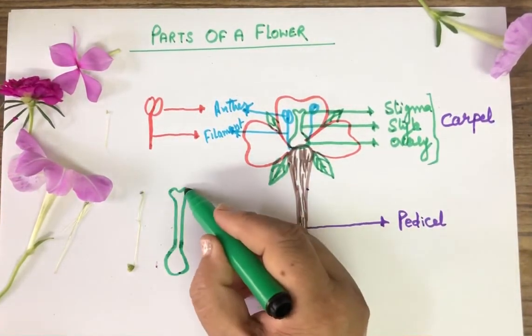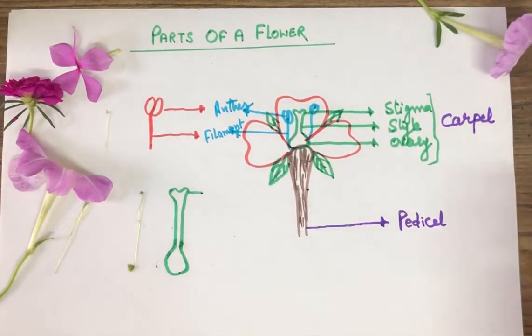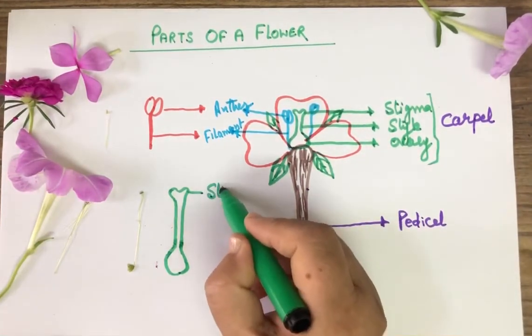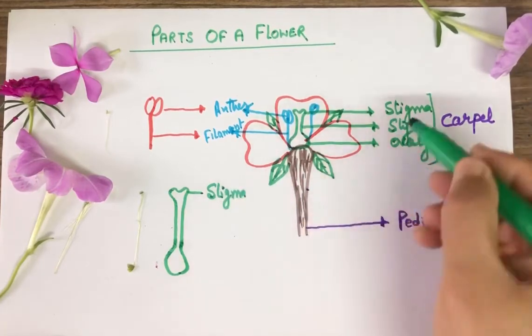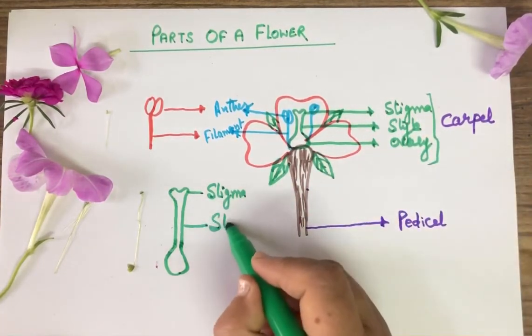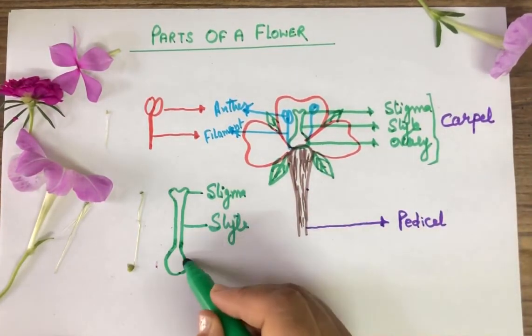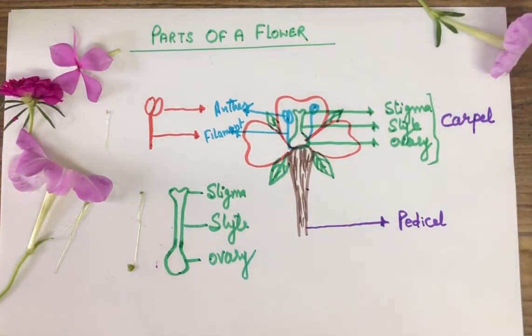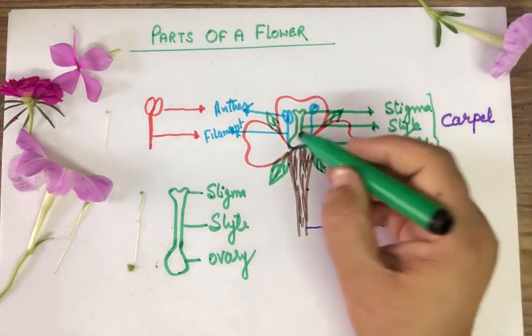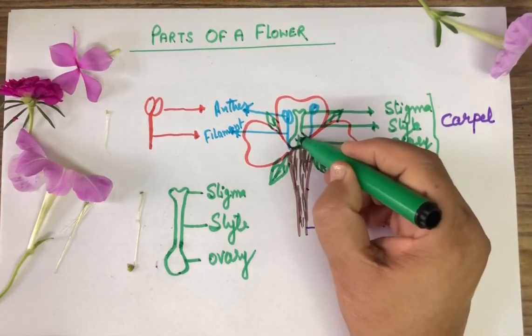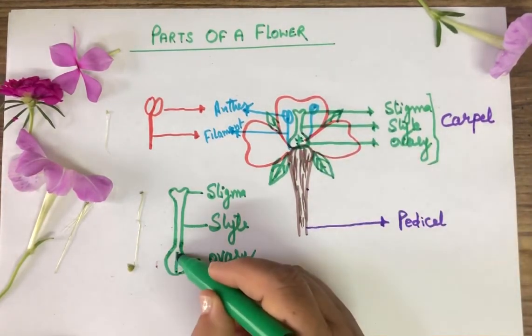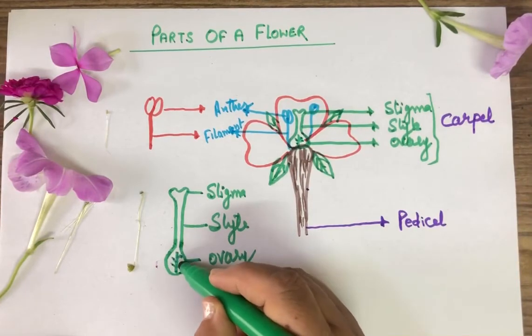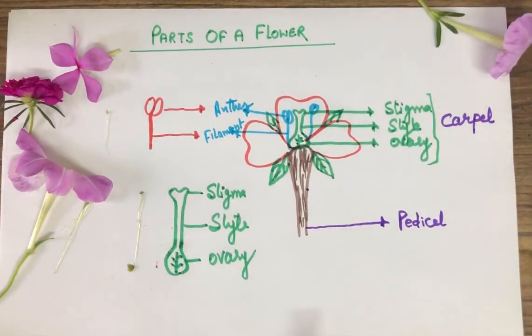This part is called the stigma. As I have shown you here, this is the style and this is the ovary. You can show ovules here. These are the ovules. These are the different parts of a flower.